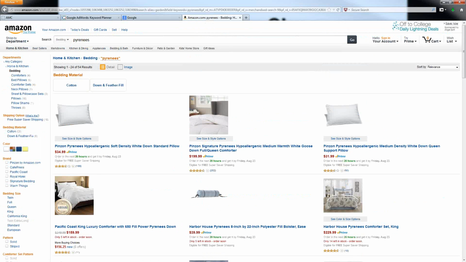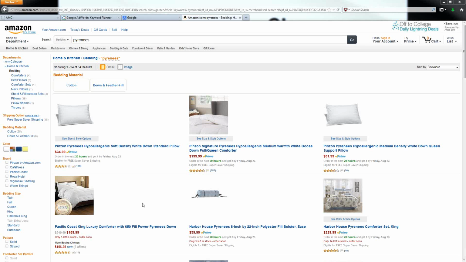But I've also picked out IKEA and Pacific Coast as keyword phrases that have some type of search engine traffic specifically for down comforters. And so I've decided to build a page on IKEA and also on Pacific Coast. So I also want to make sure that these brands are actually available on Amazon and that there are good products for these brands that I can promote on my website.